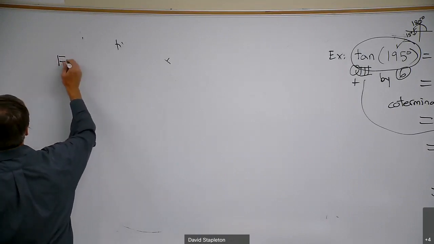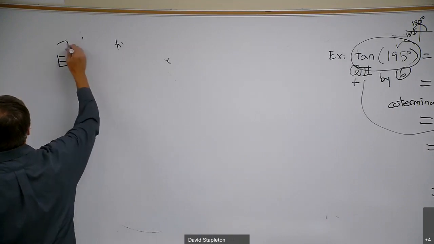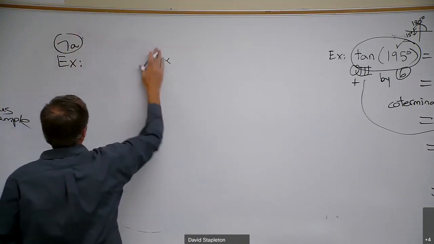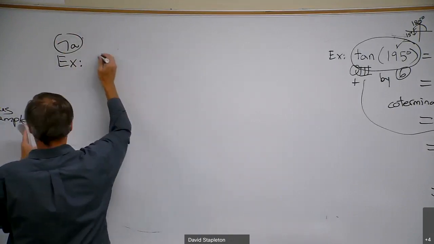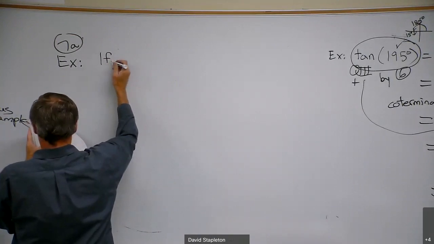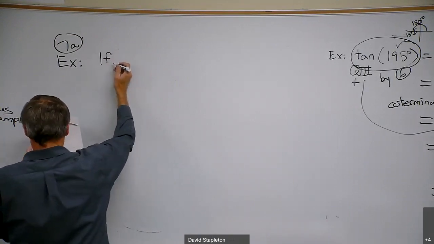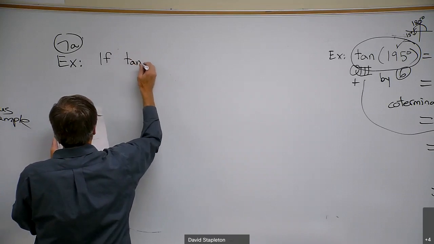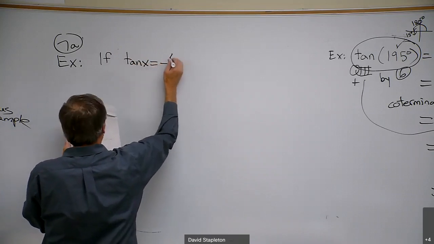Okay, look at this one then. This is 7A on the homework. This is one of the more tricky ones, I think. Suppose that tangent x is minus 4/3.